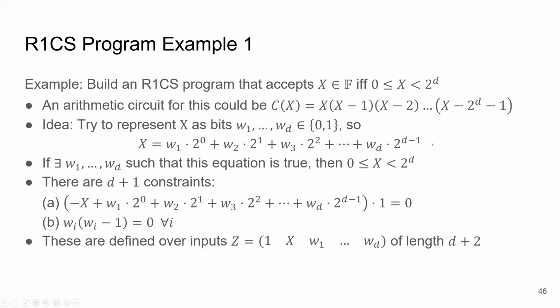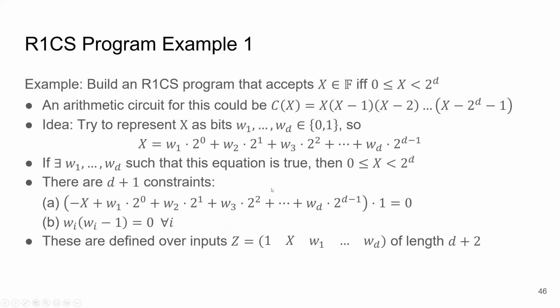We will slightly reorder this equation so that we take the X and move it to the right-hand side, so it becomes negative X plus this binary representation times 1 equals 0. This constraint is mathematically equivalent to this equation up here. We just rearranged it a little bit.